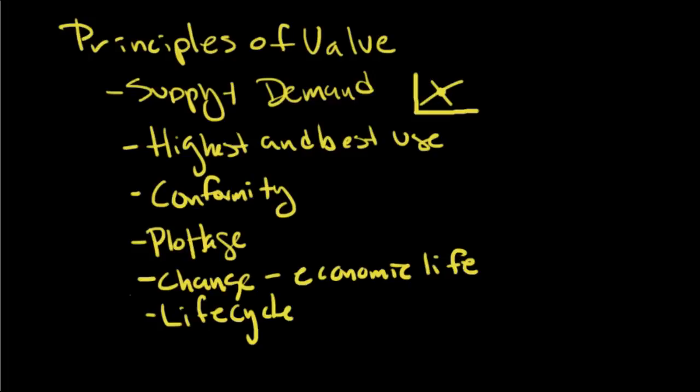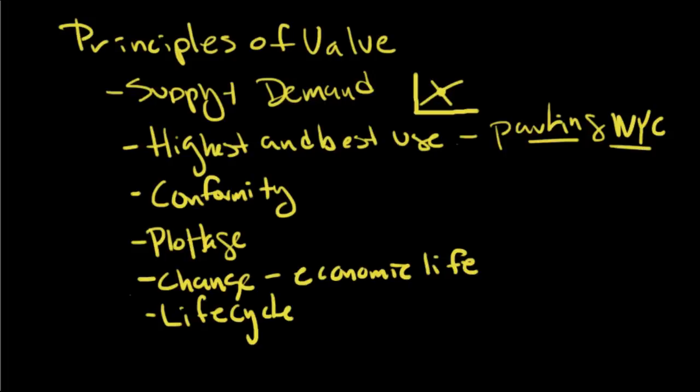And the next one, of course, is the highest and best use. This is why we don't see, say, a parking lot on the island of Manhattan in New York City, because it's not the highest and best use of the land. If you have gone to Manhattan, they do have parking lots, obviously. They have garages and whatnot, but we don't have just flat parking lots in Midtown Manhattan, because that's not the highest and best use of the land.